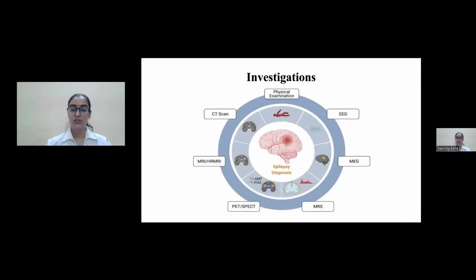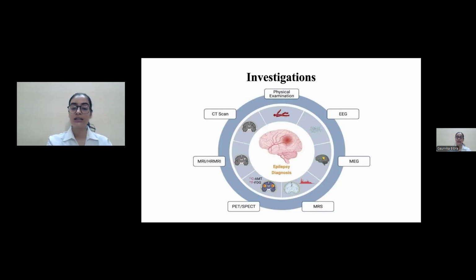Now, the investigations. We can do some general investigations, which could include blood work done for the patient, or complete hemogram, and there could be LFTs done, then there could be serological tests for syphilis and HIV. The EEG is done, and EEG shows high voltage, fast transient spike and waves during or in between the seizures.